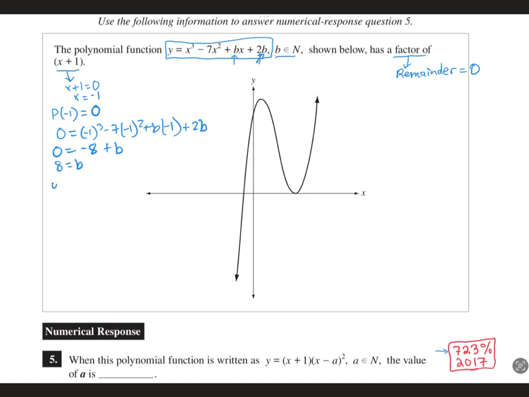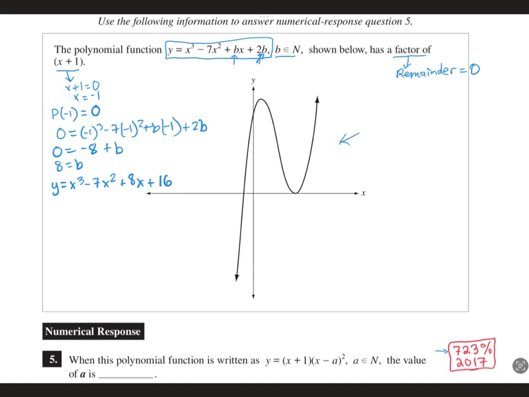So let's rewrite the equation now. y equals x cubed minus 7x squared plus 8, because that's b, x, and then 2 times b, so 2 times 8 would be 16. Now, really, at this point, and this is probably why the average was around 72, you could just put that into your graphing calculator.